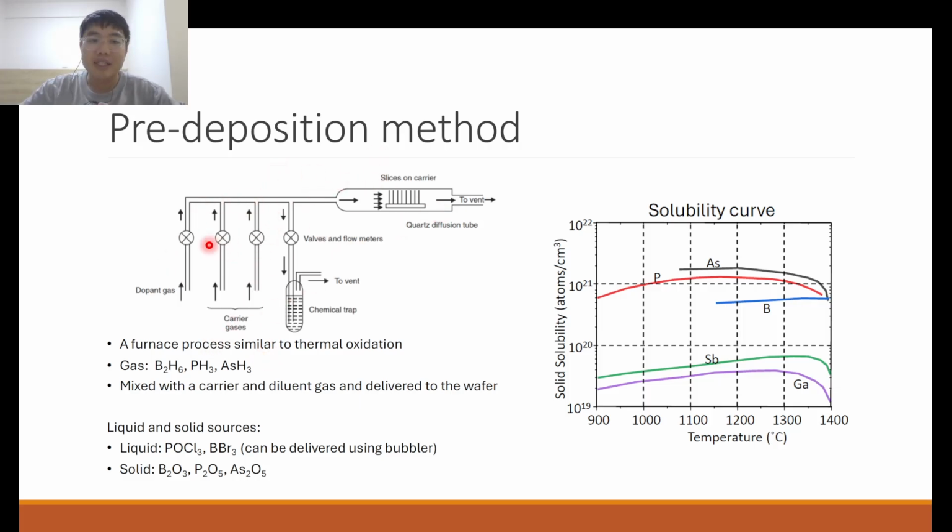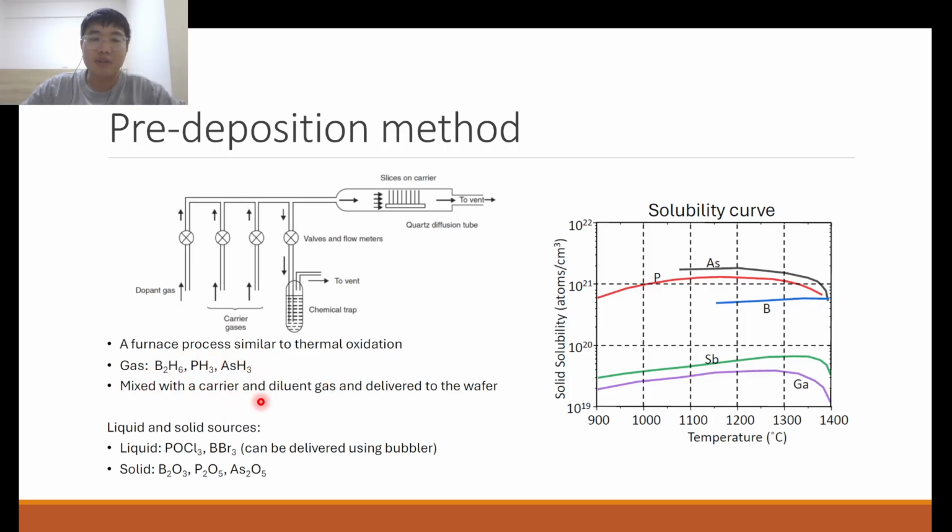Normally it is done in a furnace process similar to thermal oxidation. Just that in this case your gases are not oxygen or hydrogen or steam anymore, but gases that contain the dopant atom. For example, if you want to dope boron in, we have B2H6, or if we want to dope phosphorus in, then we have phosphine, PH3.